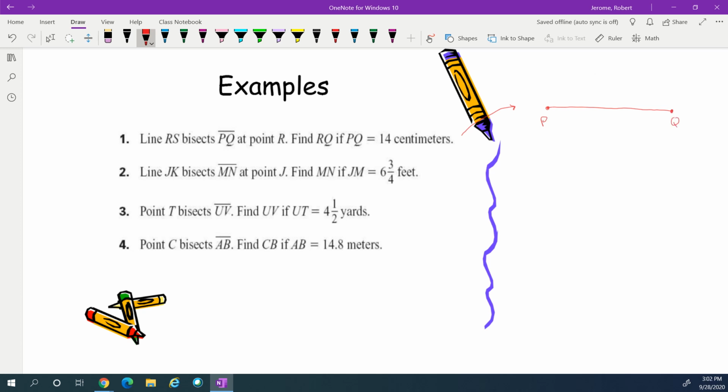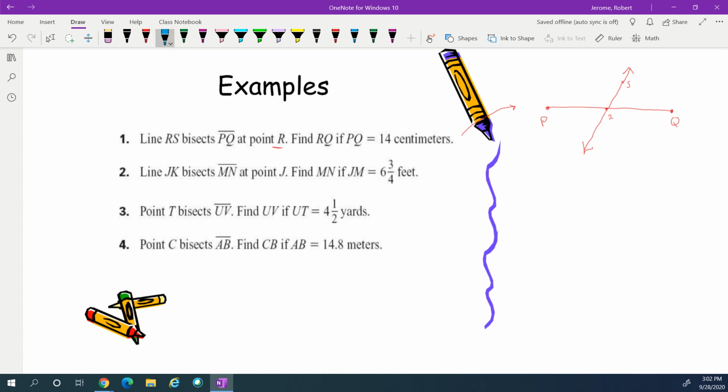Now, we have a line that bisects it, so it's going to go right through the middle. It's going to go through that point right there, and it's a line. That line is called RS, but it bisects it at R, so that means right there is R. S is just somewhere on there. Doesn't matter, but R has to be in the correct spot.